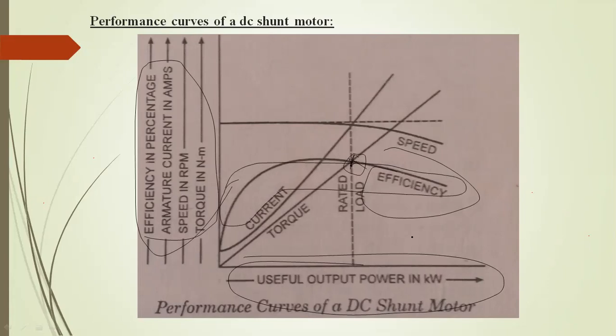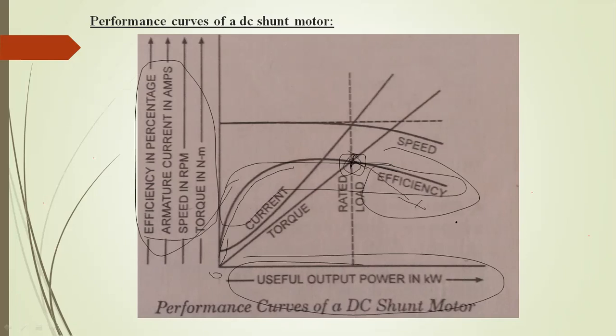So for this, I'm going to discuss how the efficiency is going to vary. From the origin, the efficiency of the DC motor is going to increase up to a maximum value, at the rated load. By increasing the load further, the efficiency is going to decrease.